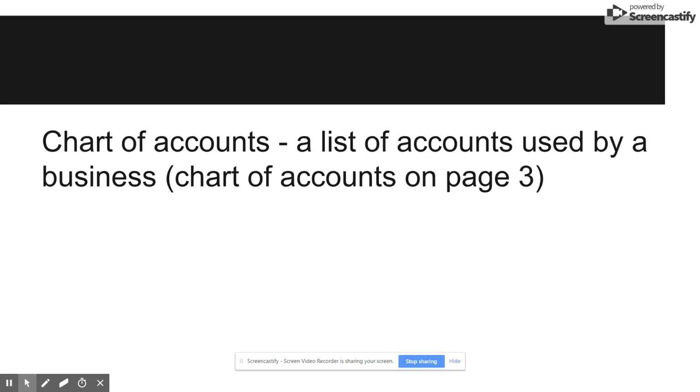A chart of accounts is a list of accounts used by a business, and we've talked about some accounts already. We've talked about our cash account, our supplies account, our accounts receivable accounts, our accounts payable, our capital. A chart of accounts is just going to list all of those for you, so that way you know what accounts you should be using when you have your transactions.